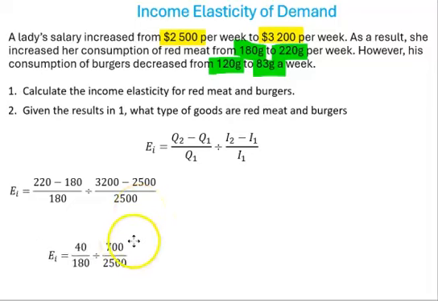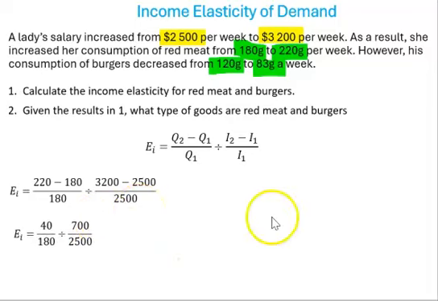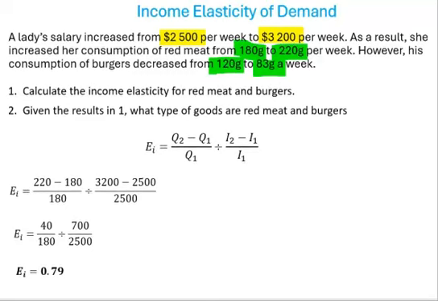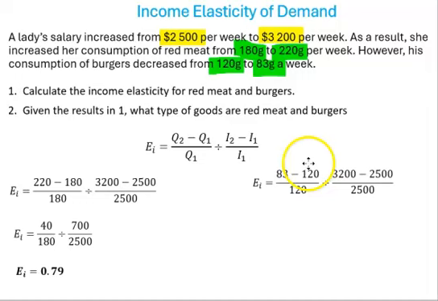And this gives us 40 divided by 180, all of this divided by 700 divided by 2,500, and it gives us an income elasticity of 0.79.